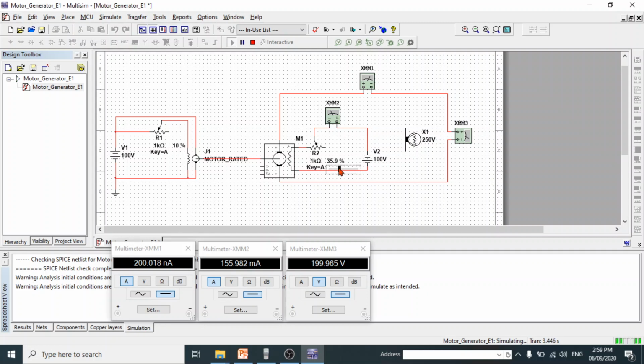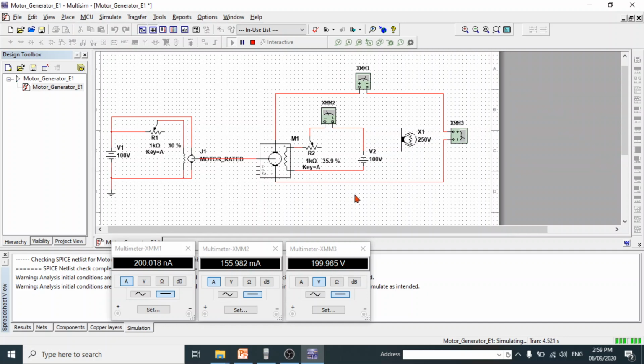We need to have a generated voltage of 200 volts. So continue to press the arrow keys, to the right or left, until the generated voltage is 200 volts.